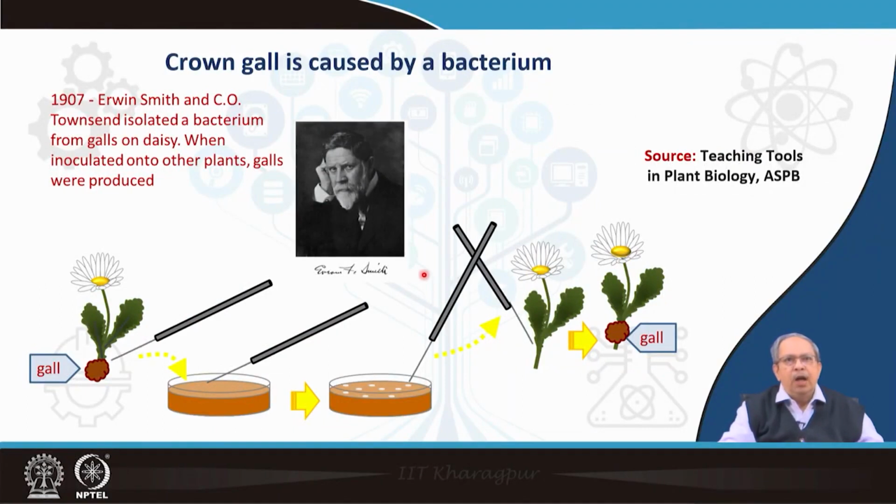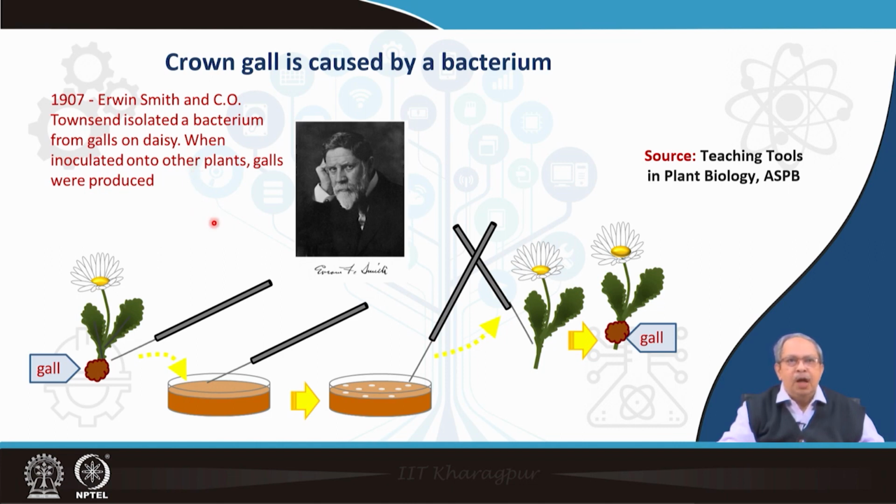Now, why does crown gall happen? Two scientists, Edwin Smith and C.O. Townsend, started working on the issue, and from the gall they isolated the bacterium, which is Agrobacterium tumefaciens.